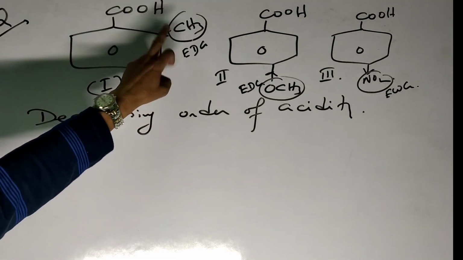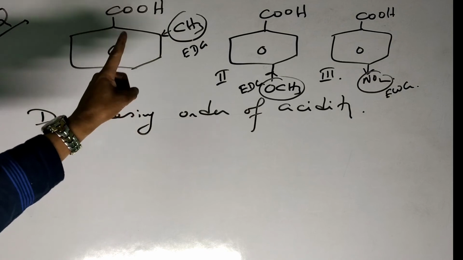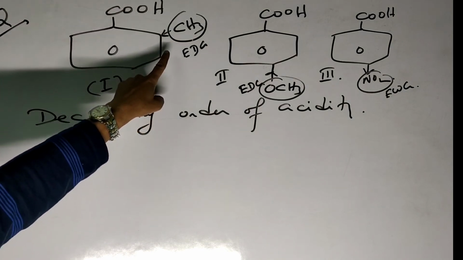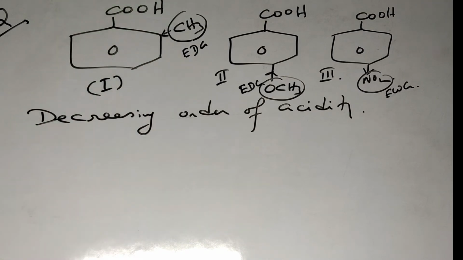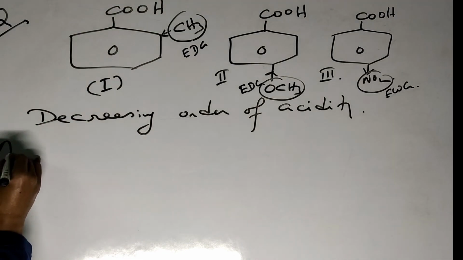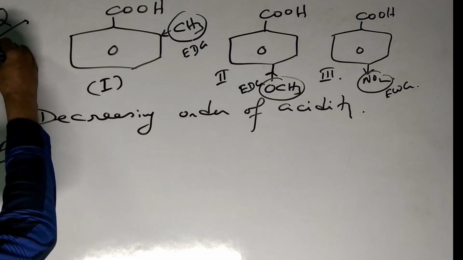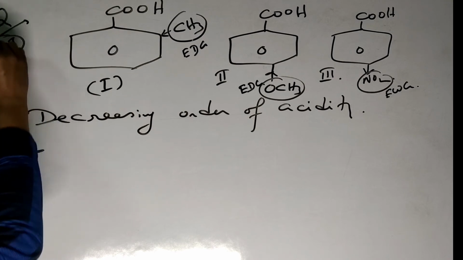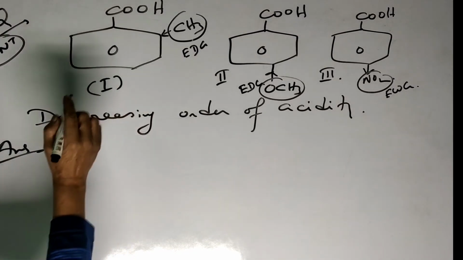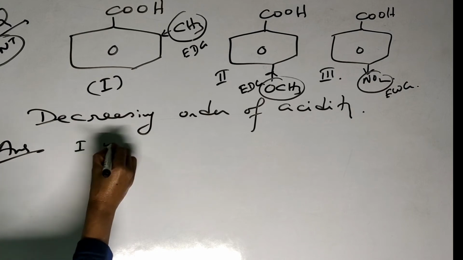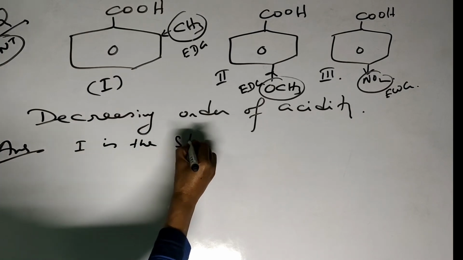If the ortho position contains electron donating or electron withdrawing group, that is the strongest acid due to ortho effect. Okay, so the answer is, this is also very important for entrance as well as board. Actually, ortho effect I have seen rare in board exam. So, one is the strongest.